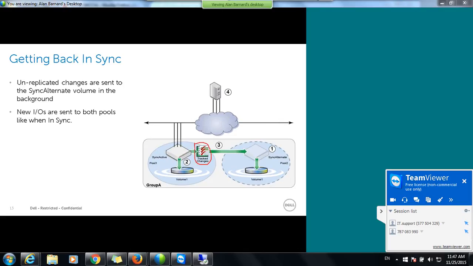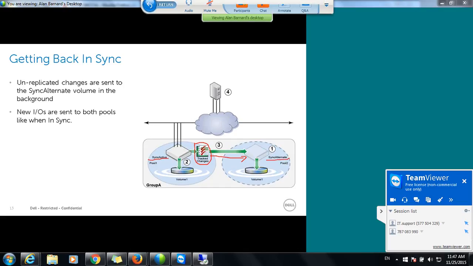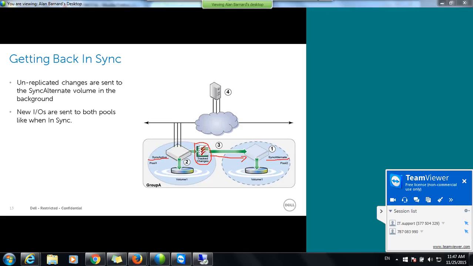And as soon as your sync alternate is back, it will go here and try to update your sync alternate. So these are the important terms. You have your sync active, and then you have your sync alternate. You cannot have both in active mode. You can only have a situation where one is active and one is sync alternate.